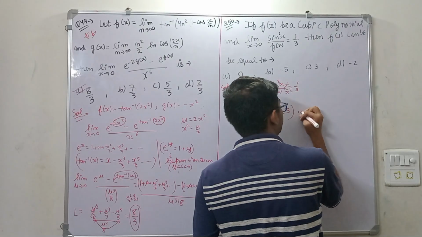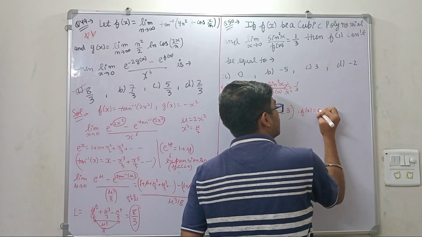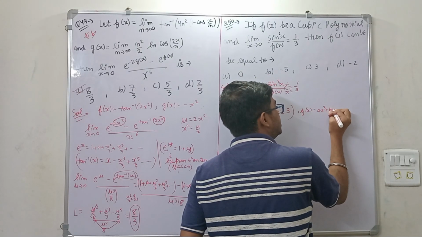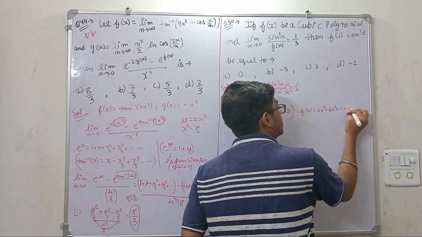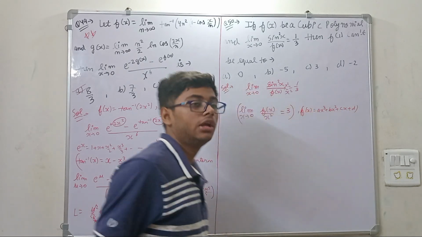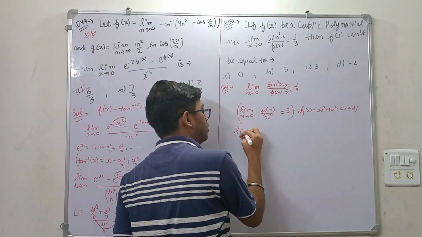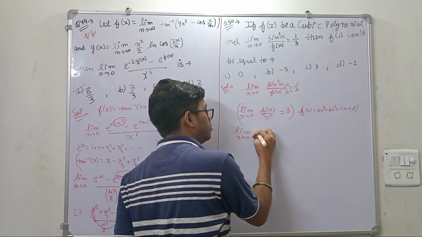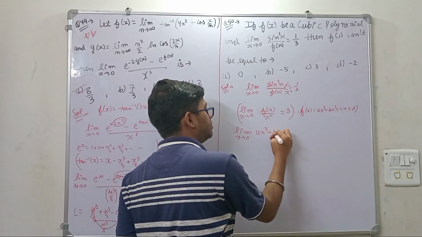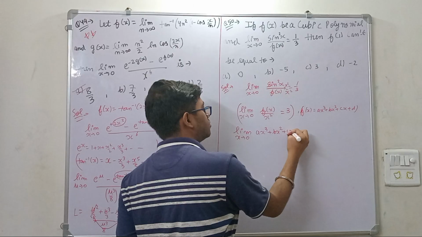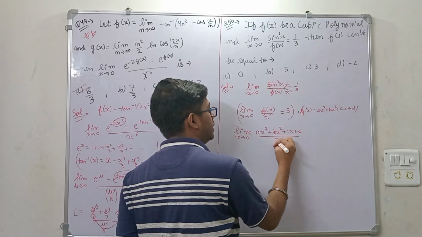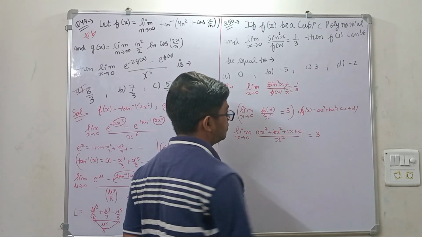So let us assume the cubic polynomial ax cube plus bx square plus cx plus d. Okay, now substituting here, limit x tends to 0 ax cube plus bx square plus cx plus d upon x square is equal to 3.